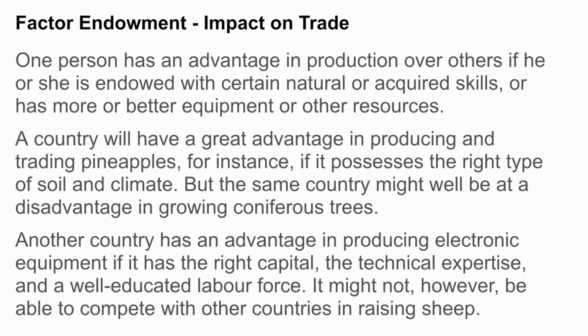But the same country may not have any real advantage in growing coniferous trees. Another country may have advantages in growing coniferous trees or producing electronic equipment or any number of things. So if countries that have certain advantages in key assets, their factor endowment, can trade them with other countries that have different factor endowments, we can all mutually benefit.